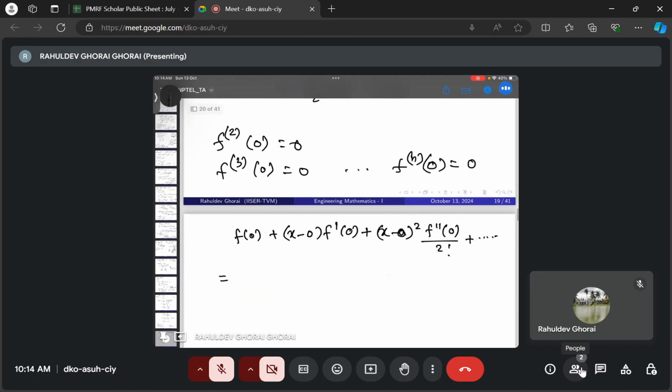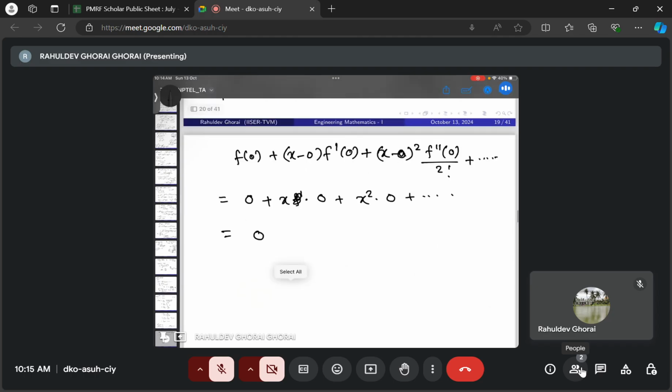That implies you have f of 0, which is 0, plus x times 0, plus x square times 0, and it keeps on going. What you get at the end is 0.